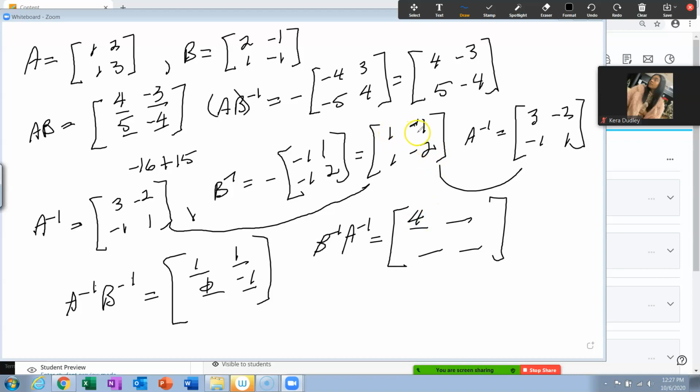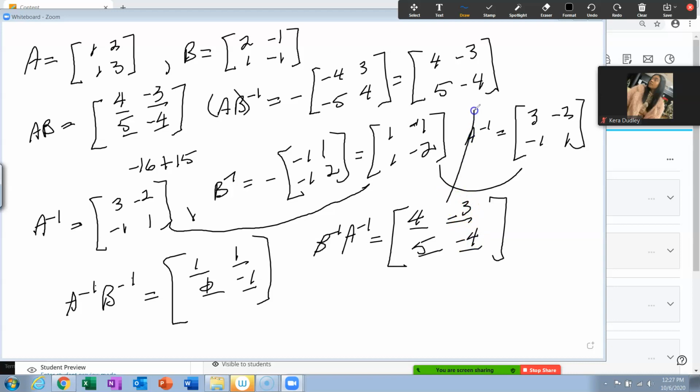Negative 2 minus 1 is minus 3. 3 plus 2 is 5. And negative 2 minus 2 is minus 4.